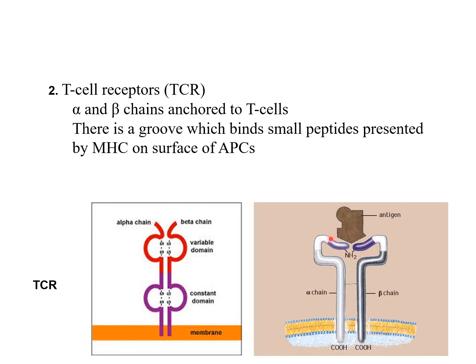So this is the groove which allows for the binding of the antigen, which is displayed on the major histocompatibility complex. This region is considered the variable region, which binds the antigen, and this region is considered the constant domain or non-variable domain of the T cell receptor.